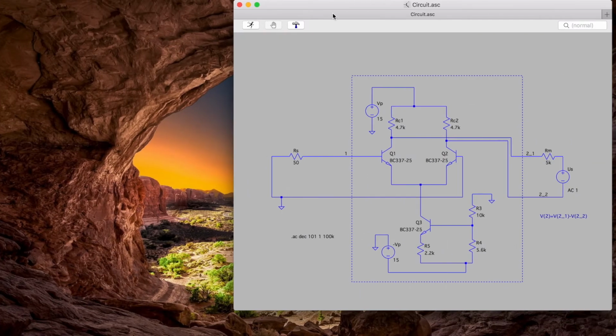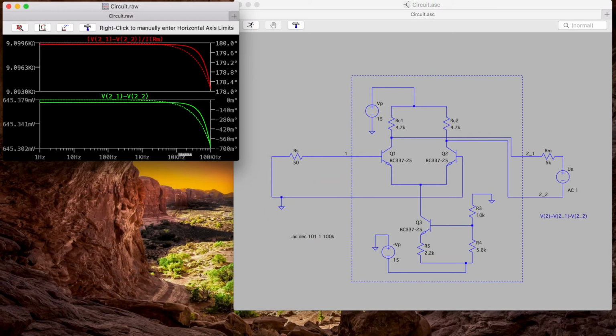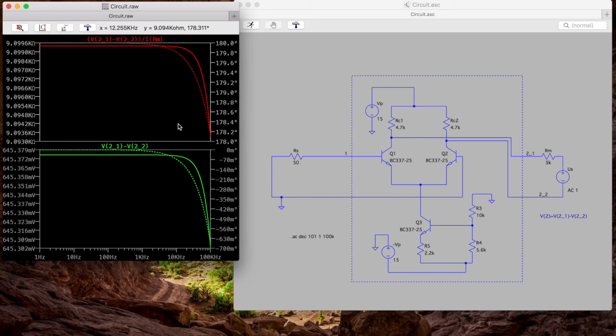So here we have the circuit configured to calculate Rout. And let's look at the green curve. So we have V2.